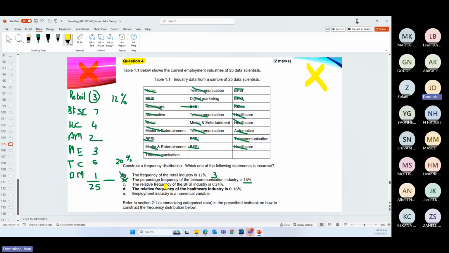Your relative frequency of that one would be 7 divided by 24. Okay, so that is even okay. And I think that is because that's also wrong.